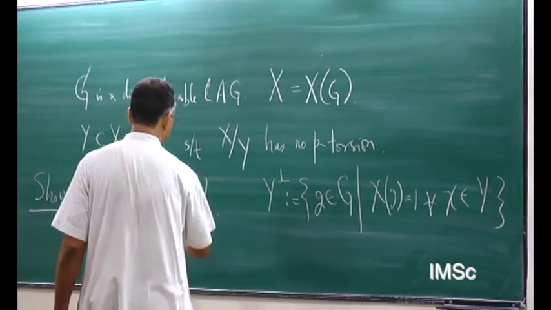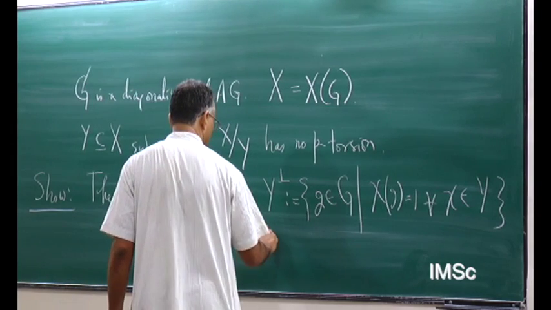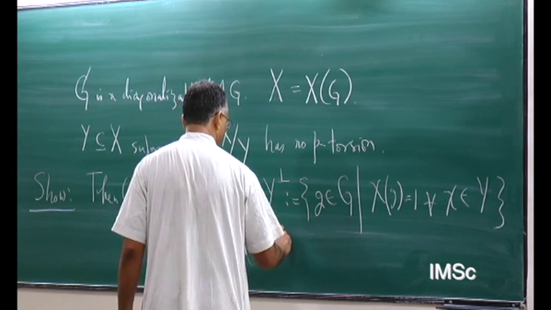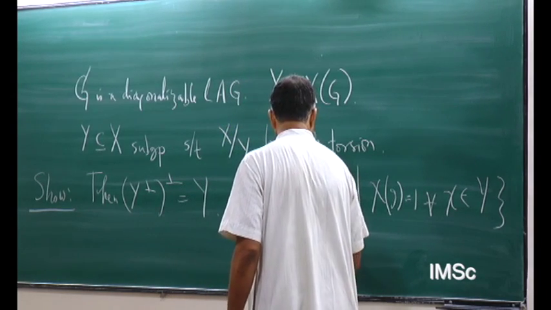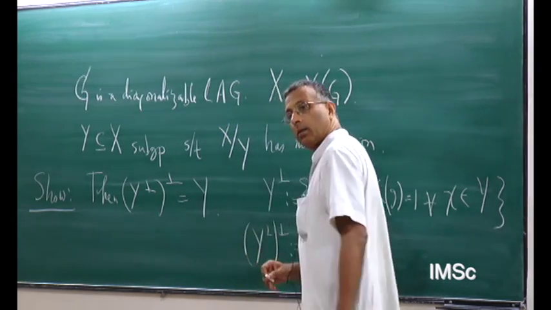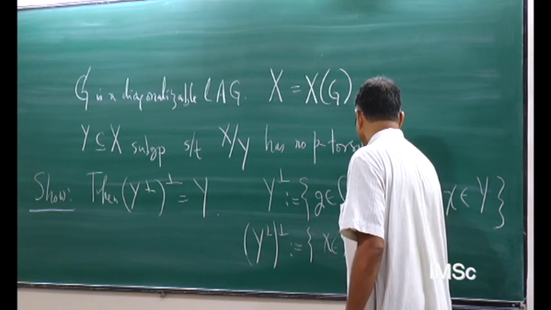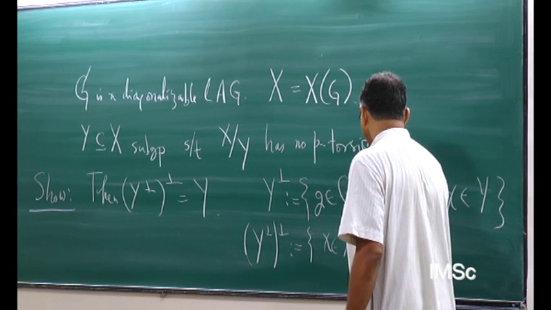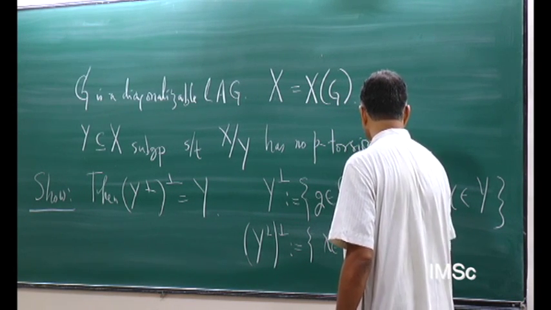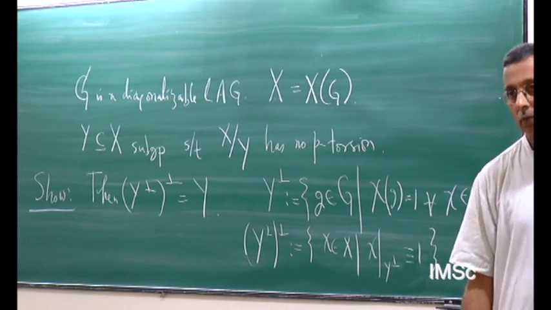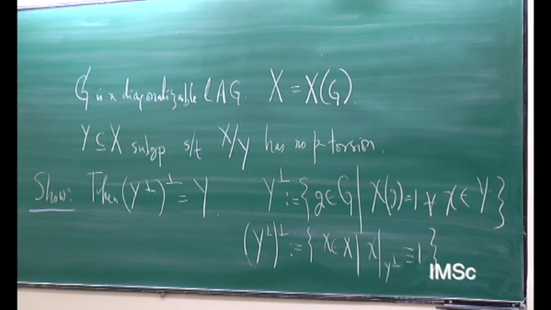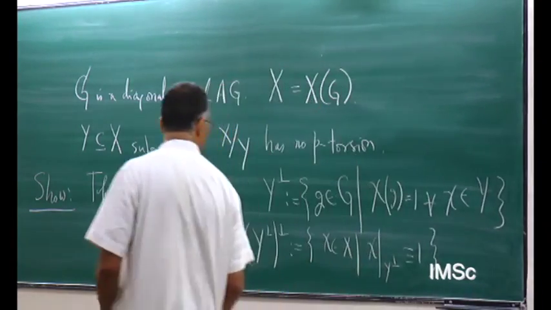and then y perp perp is by definition all chi in X such that chi restricted to y perp is identically 1. Right, and one of these containments is obvious.